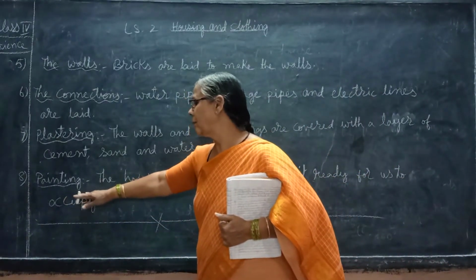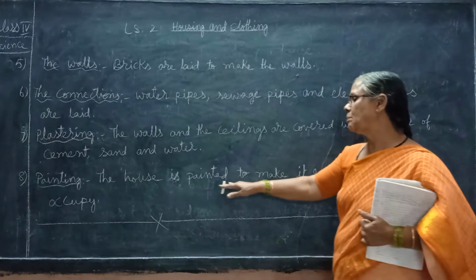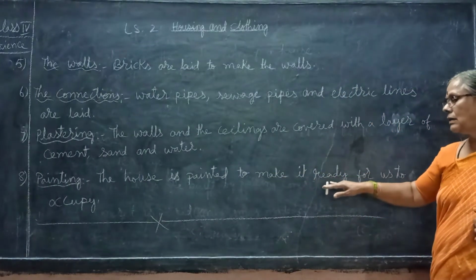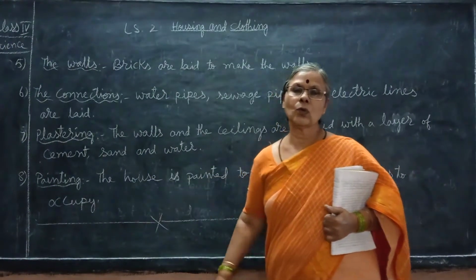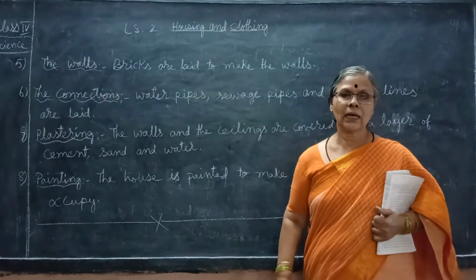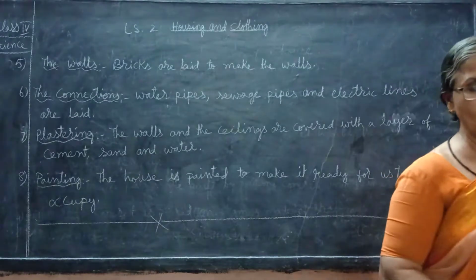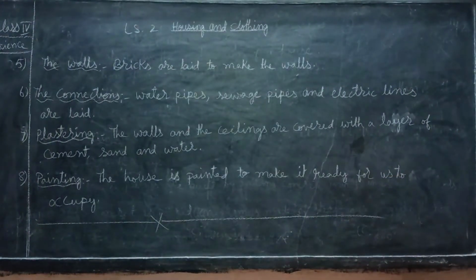Plastering. It is painting. The house is painted to make it ready for us to occupy. Now I'll give you some time to copy these questions and this question's answer.